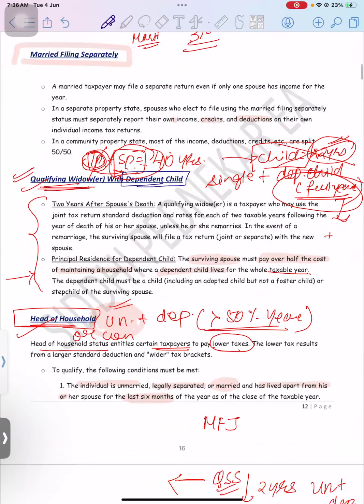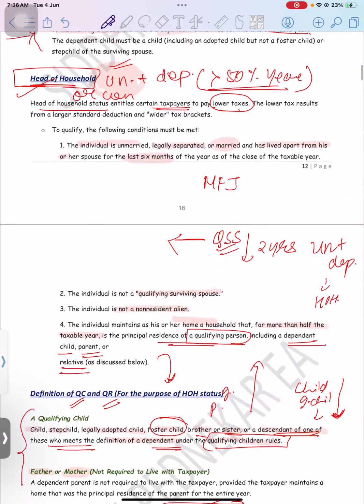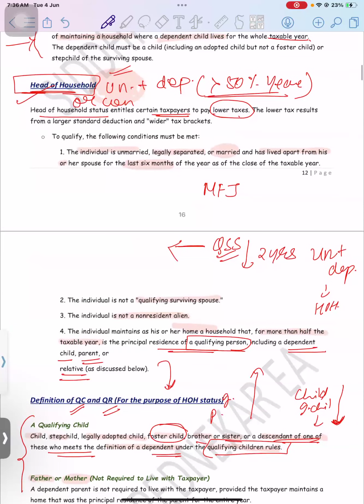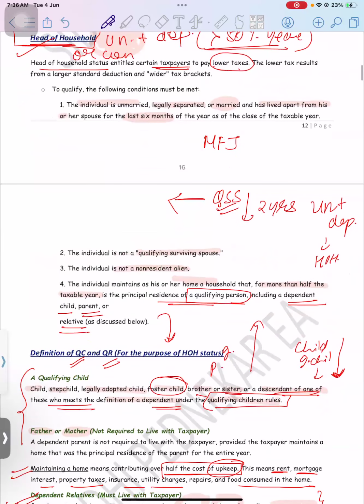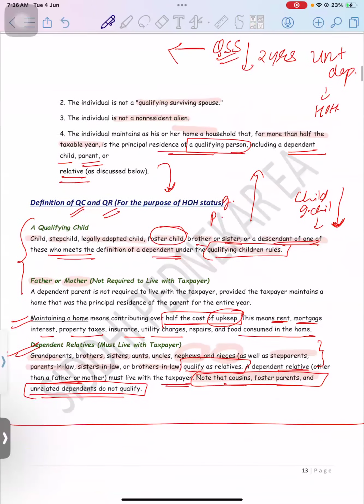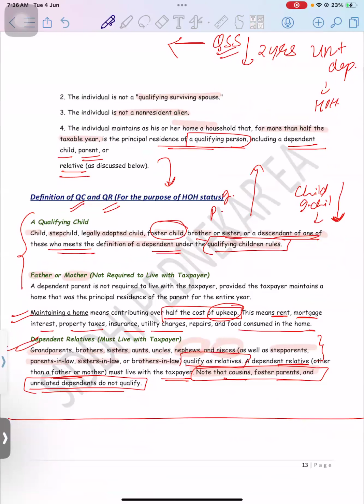So this definition keeps on changing based on what you are actually studying. For head of household, you can also see qualifying person; in the definition of qualifying person, there is no sibling.